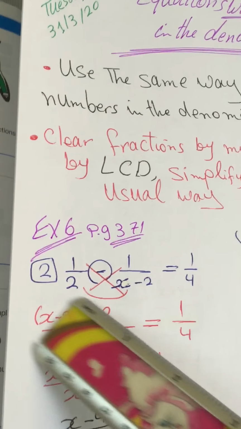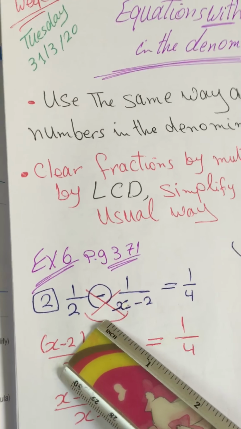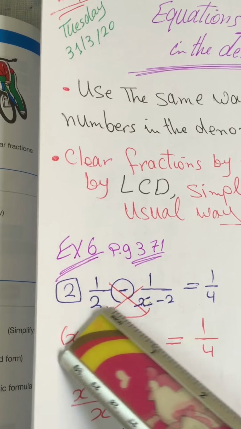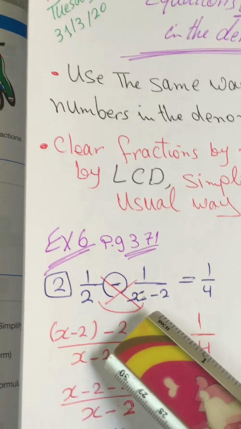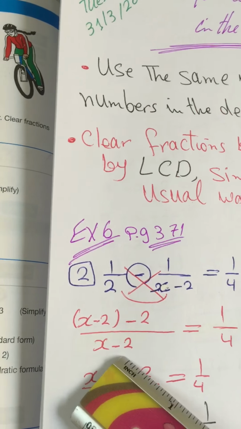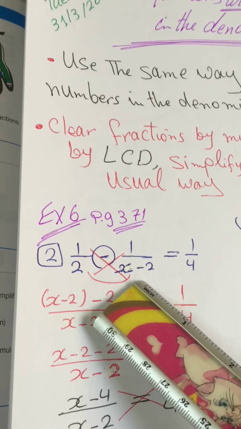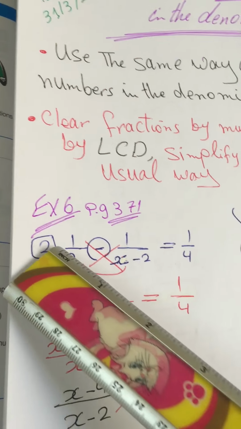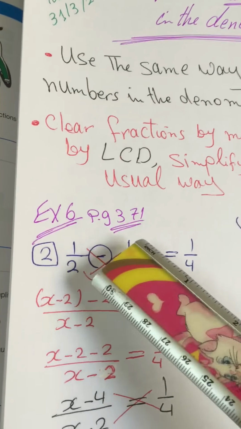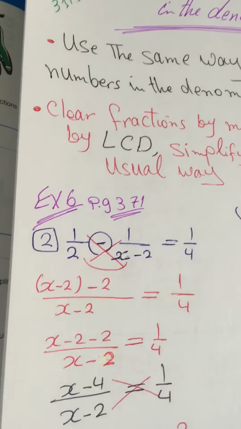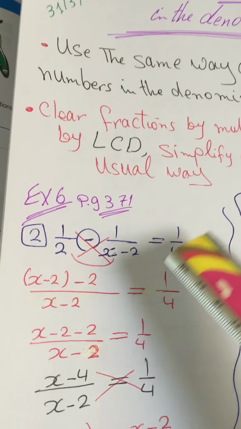I'll make the cross, which we use in solving these fractions. Here I'll take 2 multiply x minus 2, and the cross in order, please, because it will be completely different in case of subtraction. 1 multiply brackets x minus 2, and minus 1 times 2 equal negative 2, equal 1 over 4.